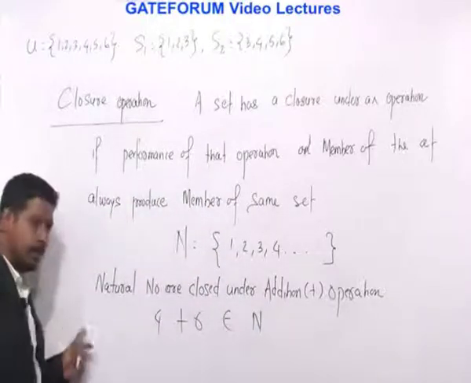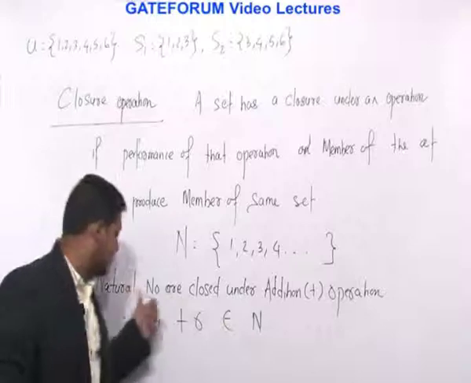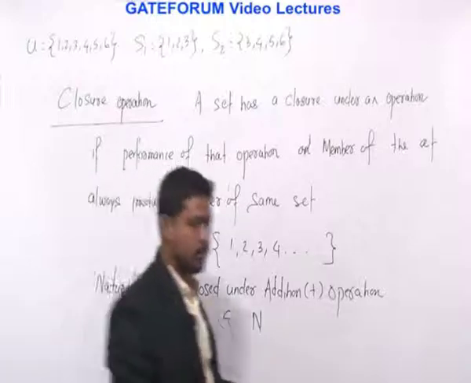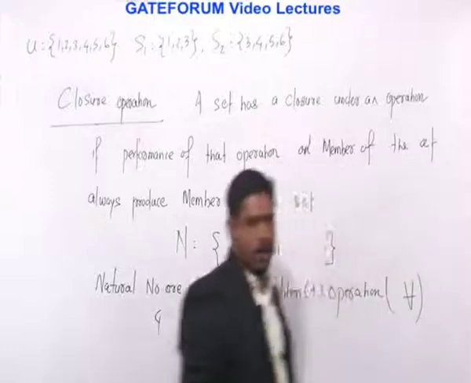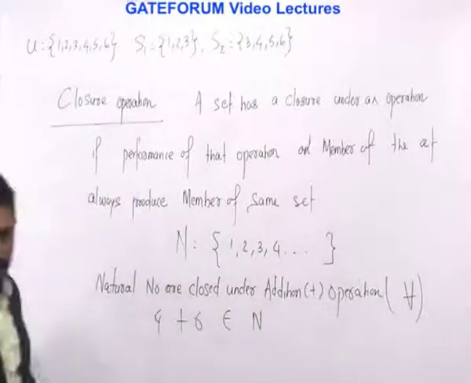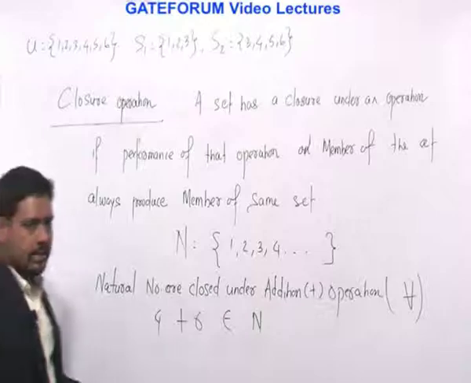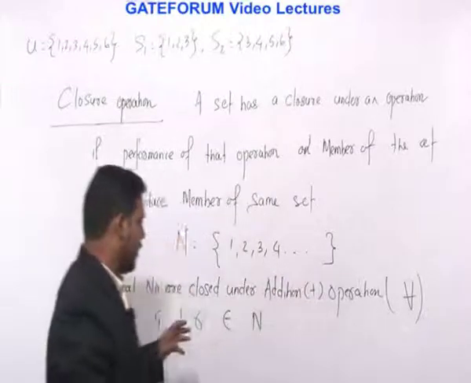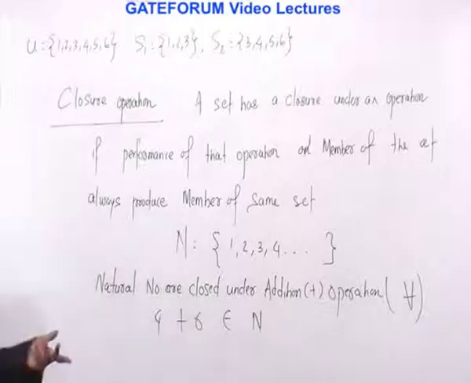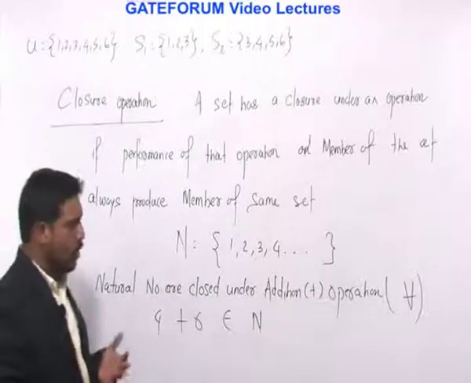The quantification here is universal: for all x1 and x2, x1 plus x2 is an element of N.